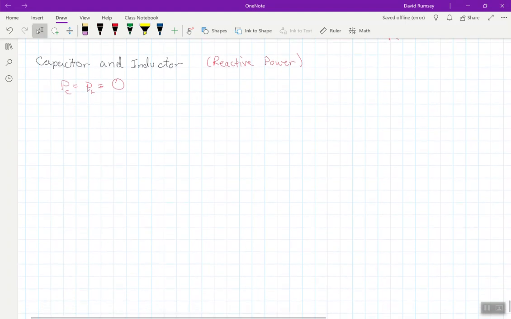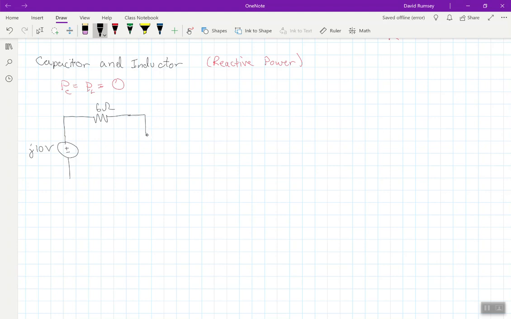Okay, now we could go through the math on why this is the case, but I think the easiest way is just to go through a simple example to illustrate this. So I'm going to give us a power supply of j10 volts, a resistor of 6 ohms, and a capacitor of minus j8 ohms.